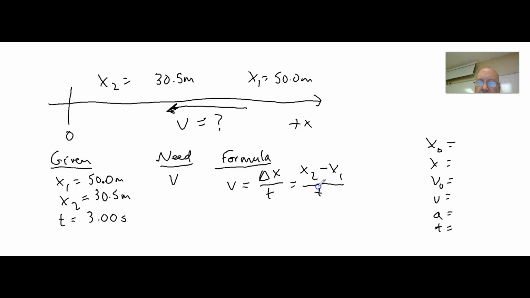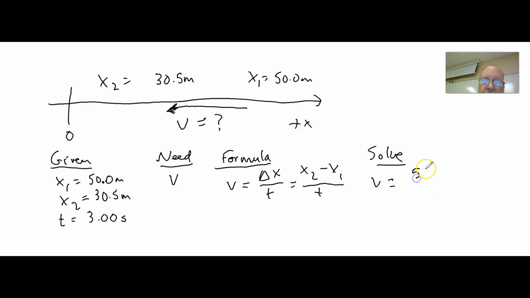Now I'm going to write down "solve." That's the last step in this process. Solve: v equals, and this is where I plug my values in. So my final position is 50.0 meters. My initial position, my final position, I got that backwards, didn't I?